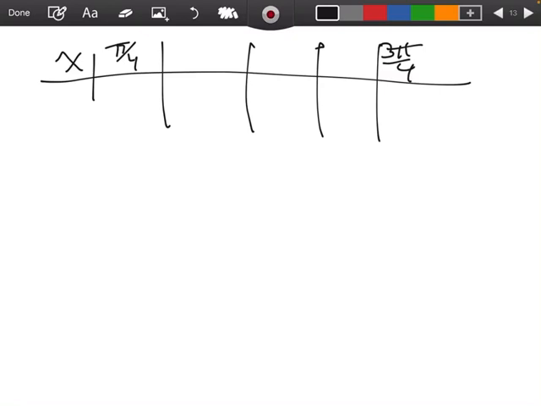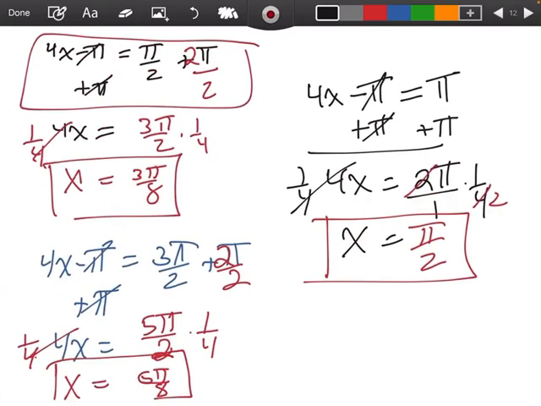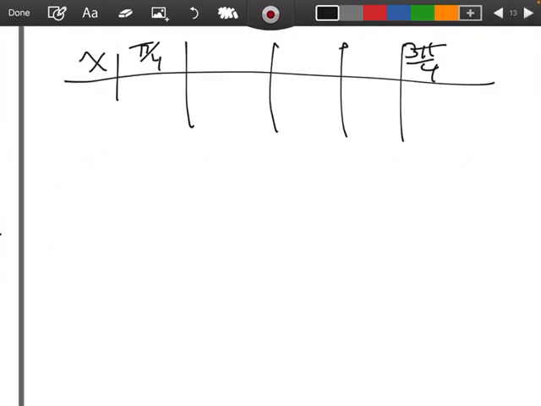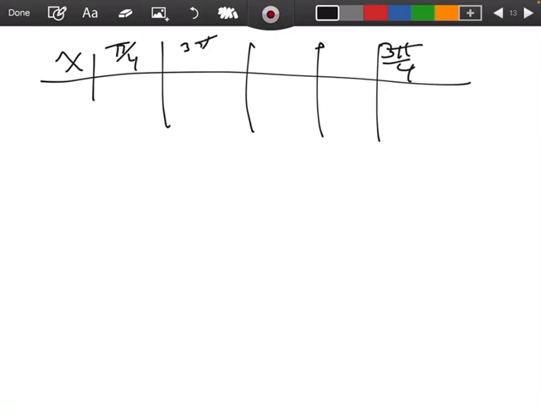And one more. Okay, and then we're going to have the 3 values, 3 pi over 8, pi over 2, 5 pi over 8.